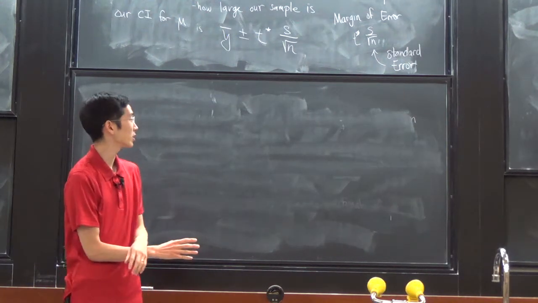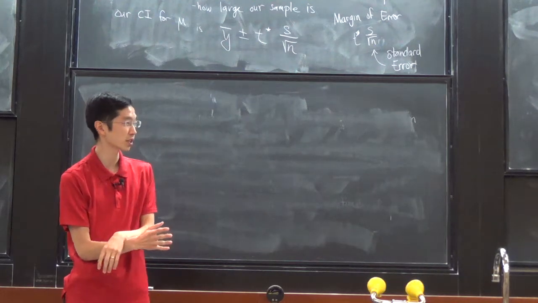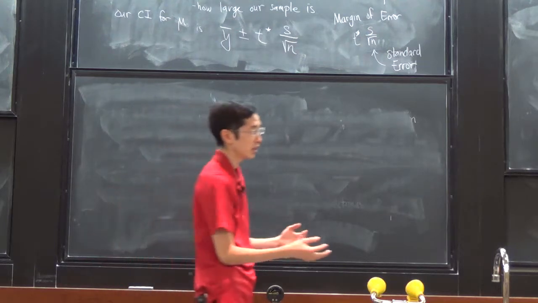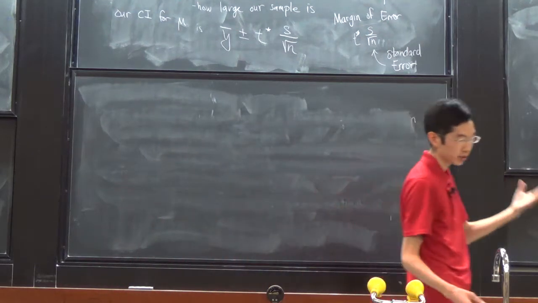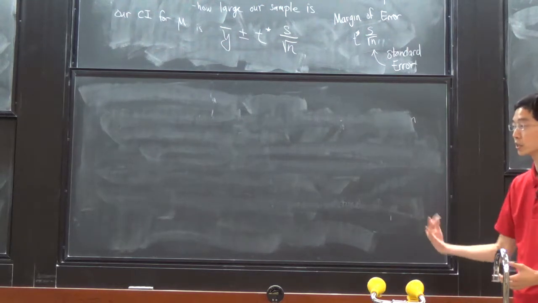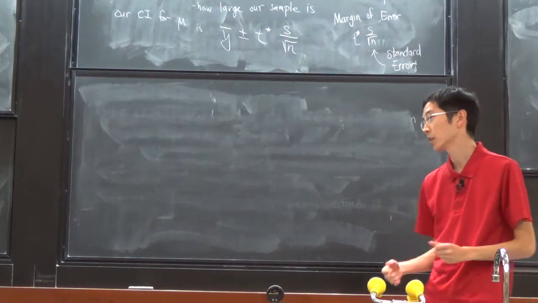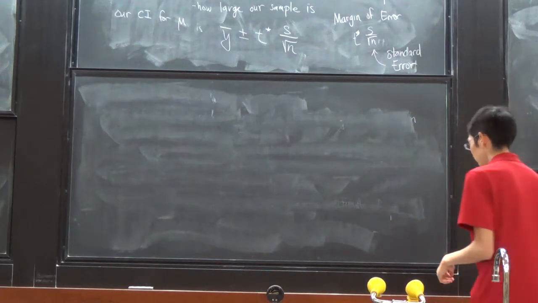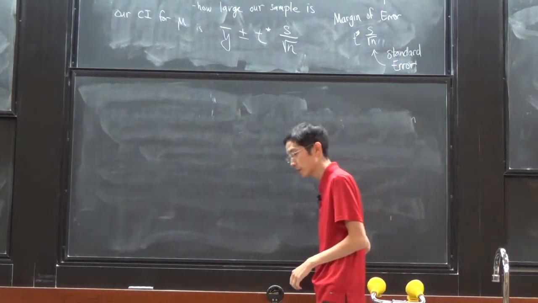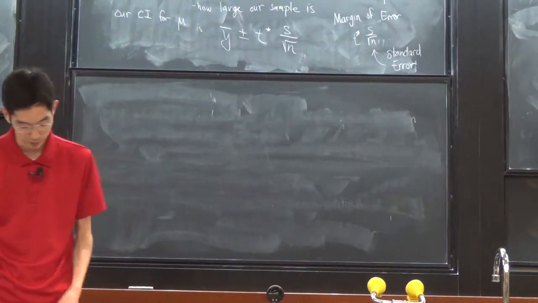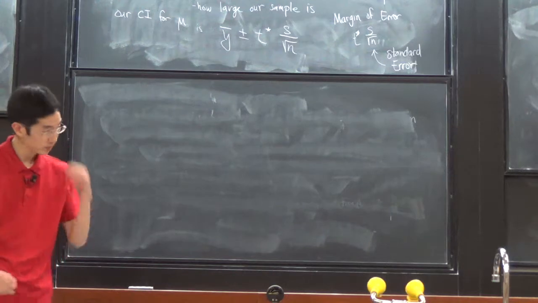The value of the mean of the population is set at some value, and so there's no uncertainty about it. The only thing that's uncertain is our knowledge, which depends on our sample, and so we can only talk about confidence, not whether or not mu is in our interval, because it either is or it isn't. There's no actual probability there.